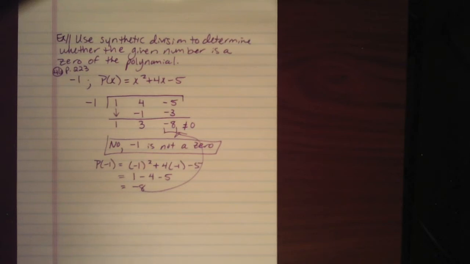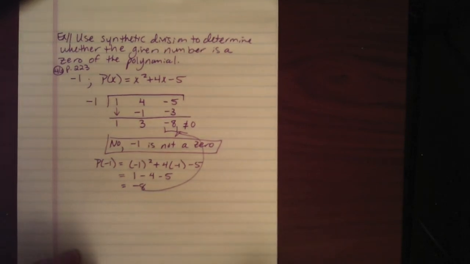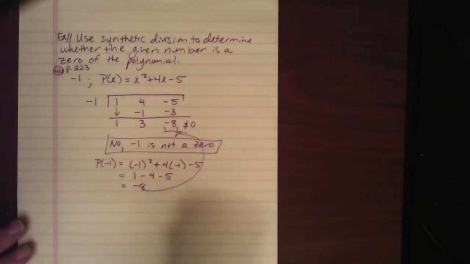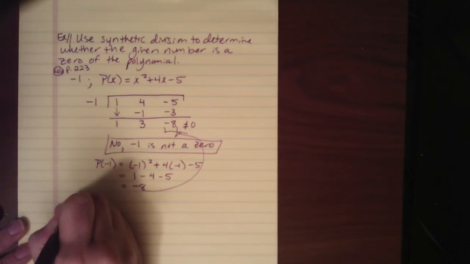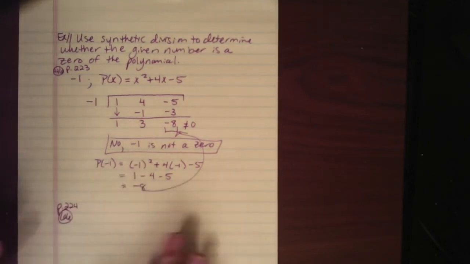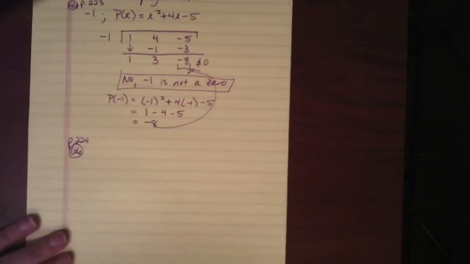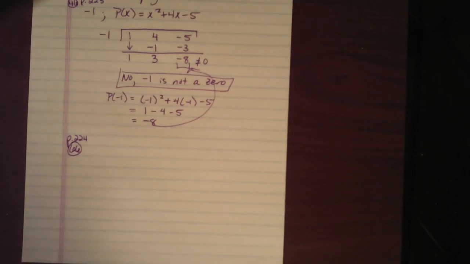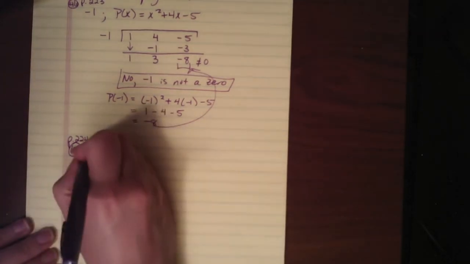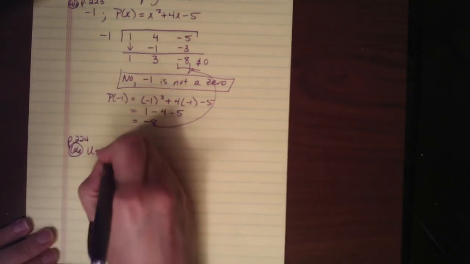Here is another type of problem that you'll see in the book. Actually, you'll see quite a few of these. This is number 66 on page 224. And what this one says is use the given 0 to find all others analytically.